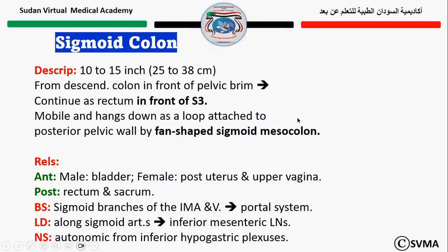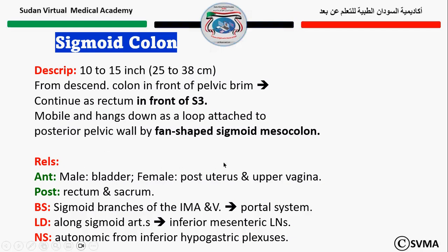It's hanging in the pelvic cavity as a loop, and it's attached to the posterior pelvic wall by the sigmoid mesocolon, which looks like a fan. This is up to the end of the sigmoid colon in front of the third sacral vertebra.